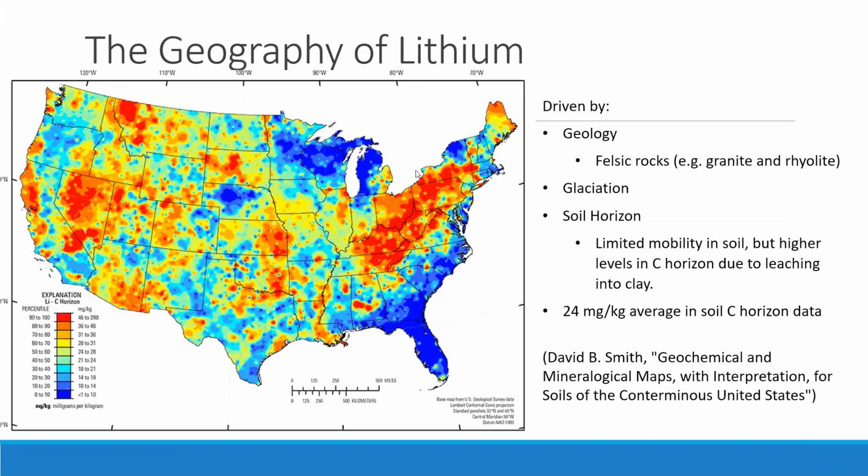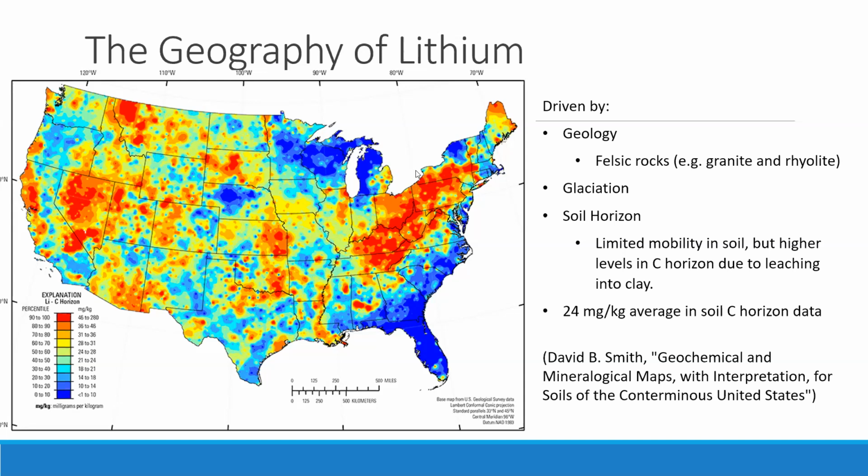This image is from a 2017 USGS study of the distribution of lithium across the United States. In this case, this is for the C soil horizon. As part of this study, they put out differing levels for 0 to 5 centimeters, the A soil horizon, and the C soil horizon.